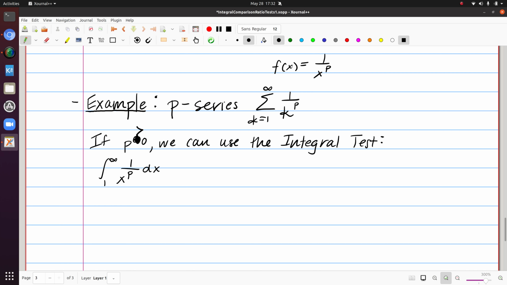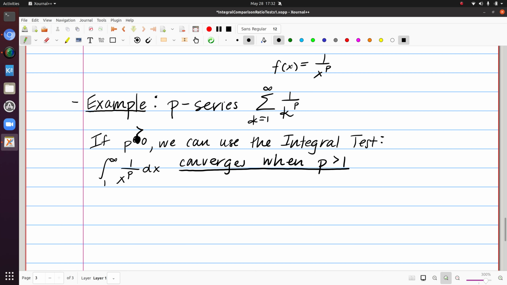We actually went through the cases for when this very integral converged or diverged. And we know that this converges when p is strictly greater than 1, and it diverges when p is less than or equal to 1. Now technically, that only tells us that when p is greater than 0 but less than or equal to 1, this diverges by the integral test.